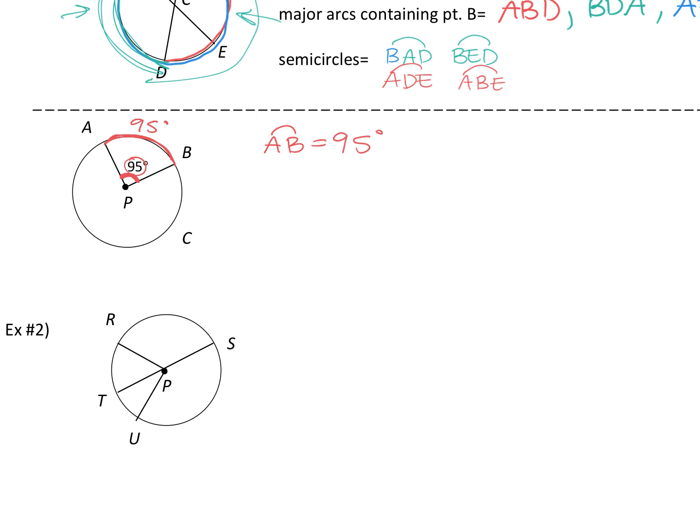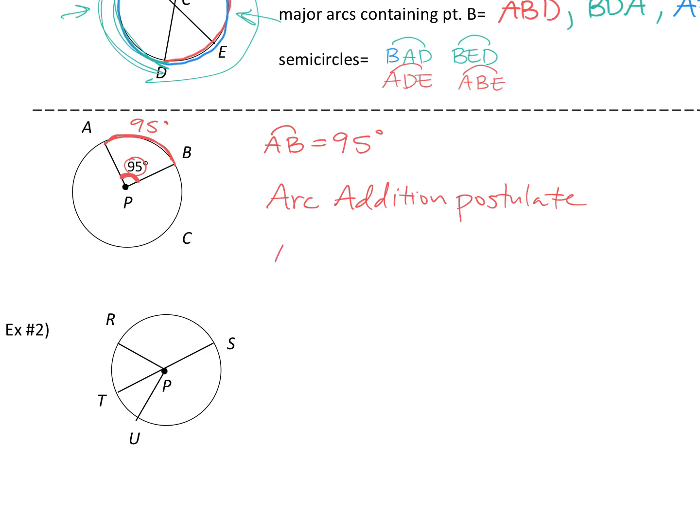And then there's something called the arc addition postulate. That just says if you take two arcs and add them together, it will equal the whole thing. Just like the segment addition postulate, just like the angle addition postulate, you already really know this.